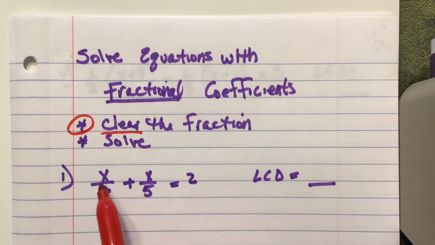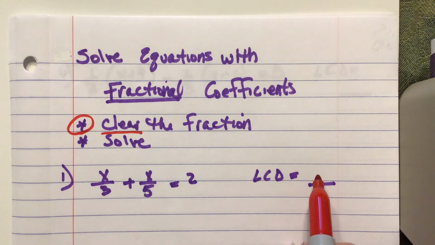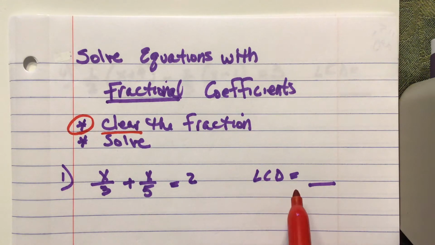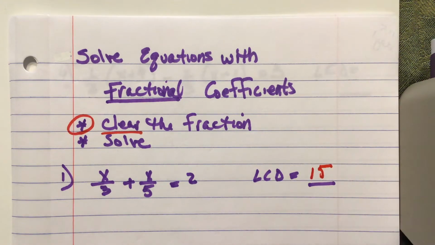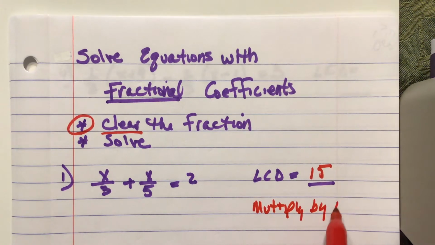So we want to get rid of the fraction. So what we have here, x over 3 plus x over 5 equals 2. I first want to notice what the least common denominator might be. So I have a 3 and a 5. 3 times 5 would be 15. So that is my least common denominator. And what I am going to do to clear the fraction is I'm going to multiply by that common denominator.